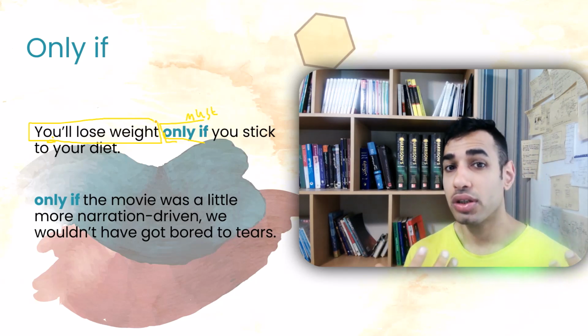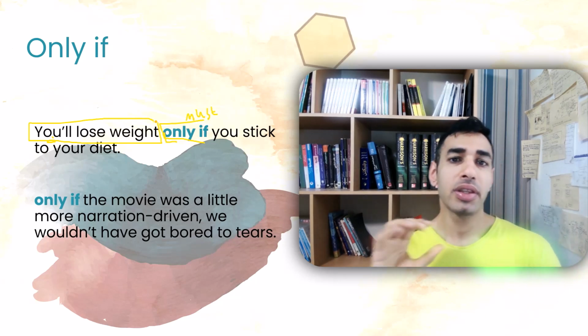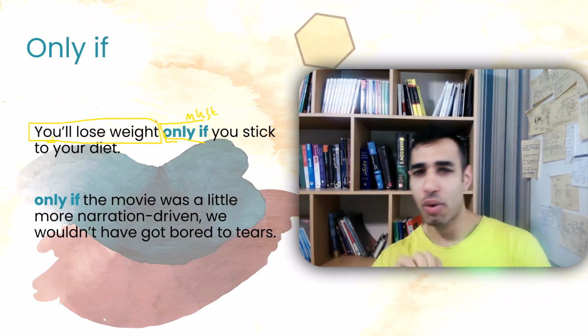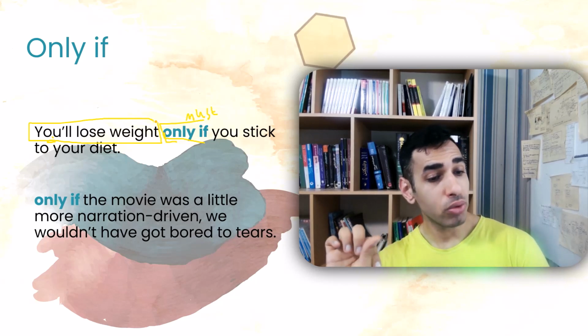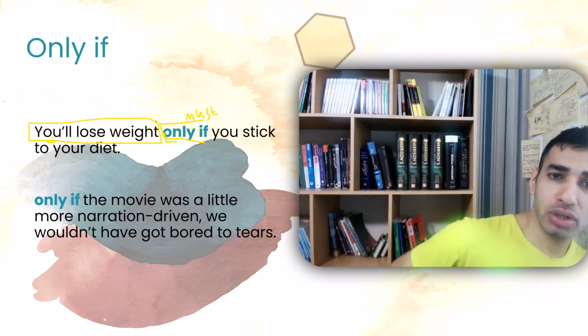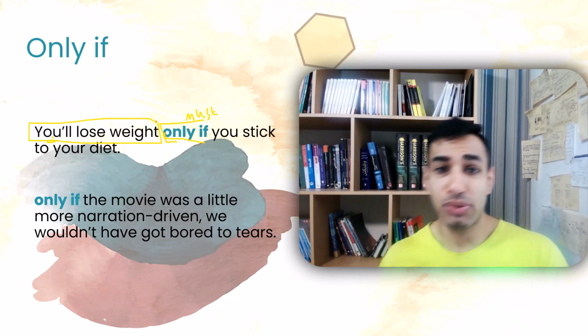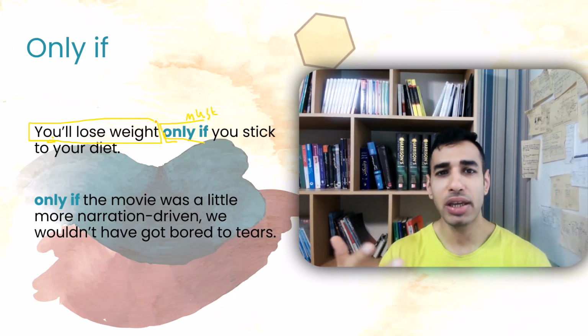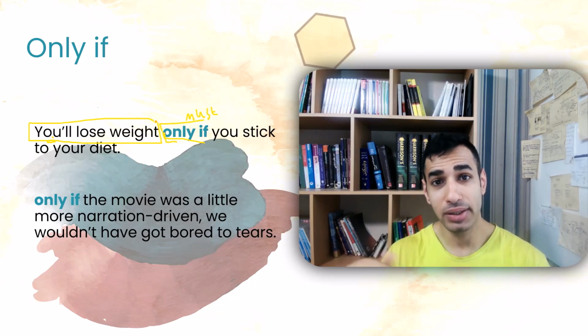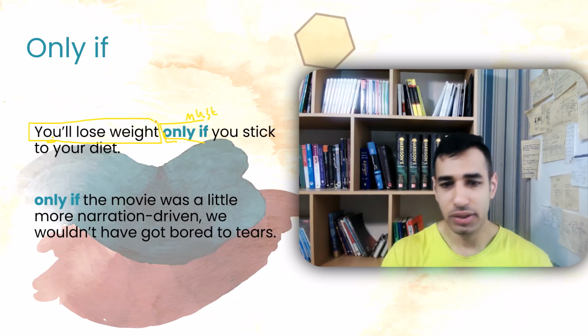This condition must happen for the main clause to be true, so that I wouldn't get bored to tears. Now in the past, the movie wasn't narration driven, but only if the movie was a little more narration driven, this was a must, this was a necessity, we wouldn't have got bored to tears. This is the fact, this is the main clause, this is something that has happened and we disliked it.